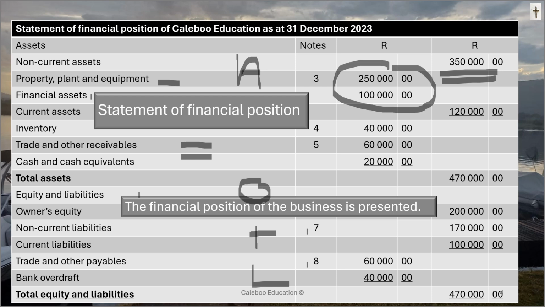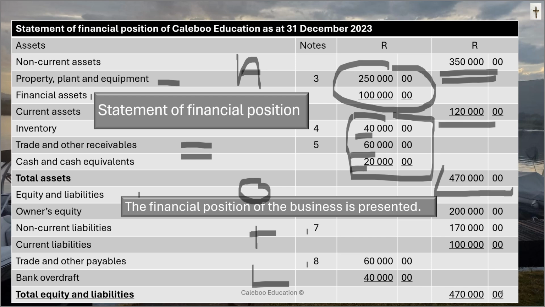We have current assets, consisting of inventory, trade and other receivables, cash and cash equivalents, it's 120,000. So the assets, when we total non-current assets and current assets, in this particular example, is 470,000.